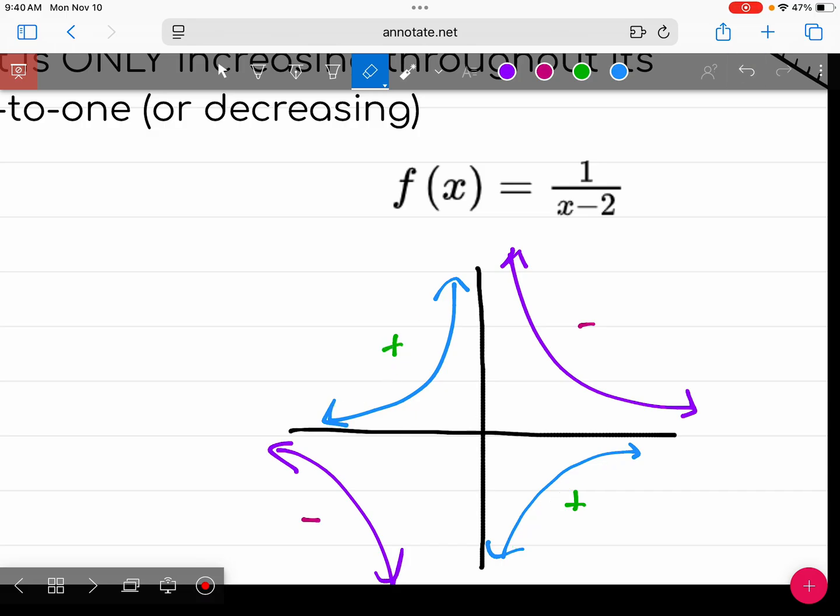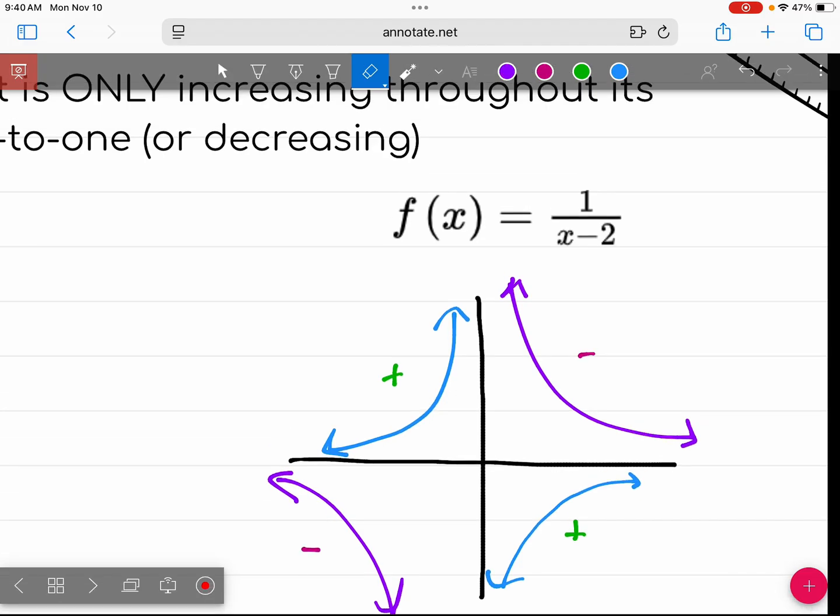So no matter which side these are on, these rational functions are always increasing or decreasing. The only place we're going to run into problems is where our denominator equals 0, and we have that as an asymptote anyway. So rational functions are always going to be just increasing or just decreasing unless we wind up with any of those middle funky pieces, like the weird S-curve in the middle.